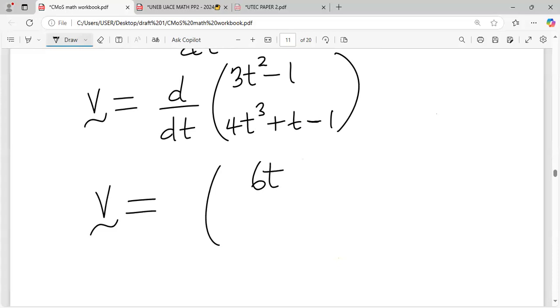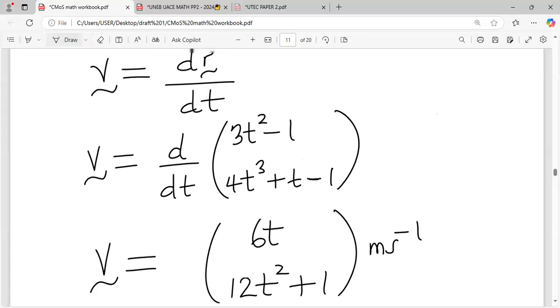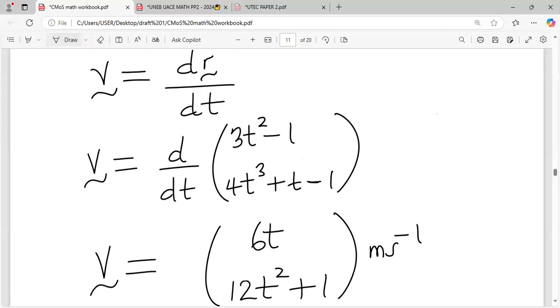When I differentiate the one down, I get 12t squared plus 1. It being velocity, I'll put my unit meters per second. So are we on the same page?